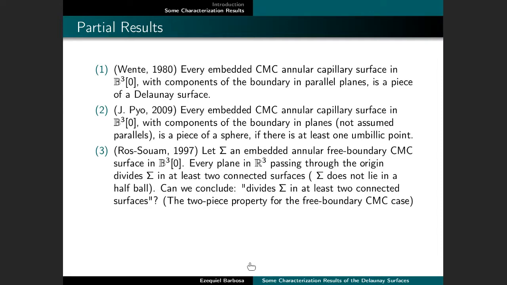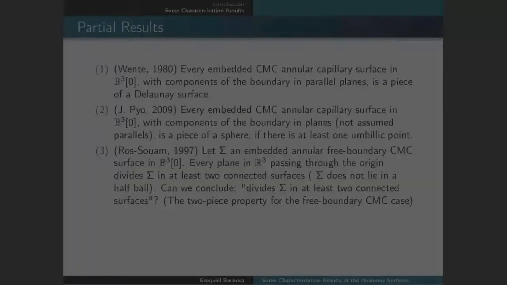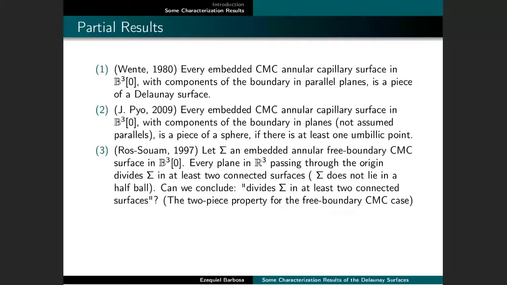The question here is, can we conclude that these planes through the origin divide the surface in exactly two connected surfaces? Exactly. Here I wrote this in the wrong way. Okay, this would be a kind of the two-piece property for the free boundary CMC case, because for the minimal case, it was proved recently by Wanderson Lima and Ana Menezes.